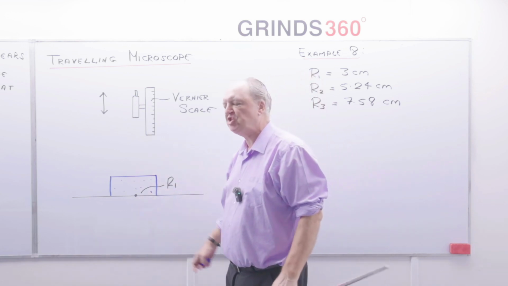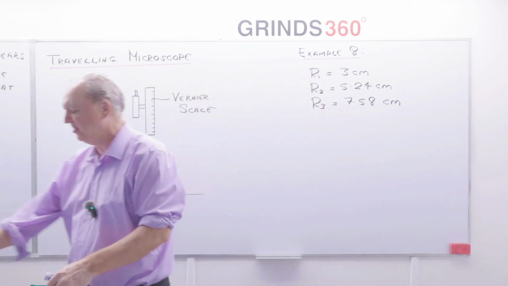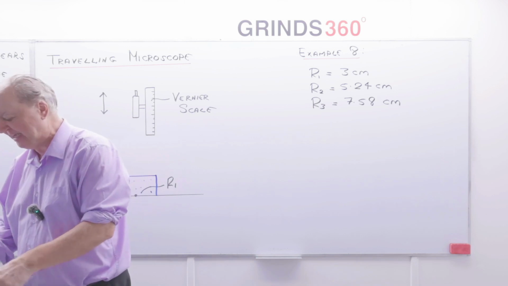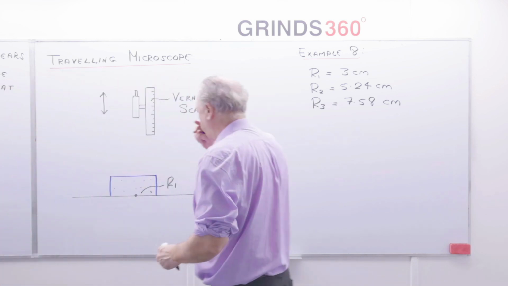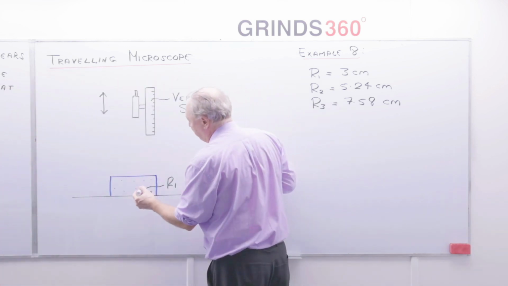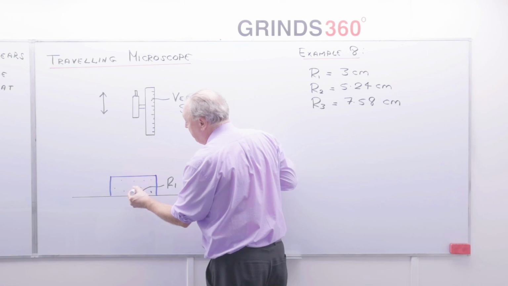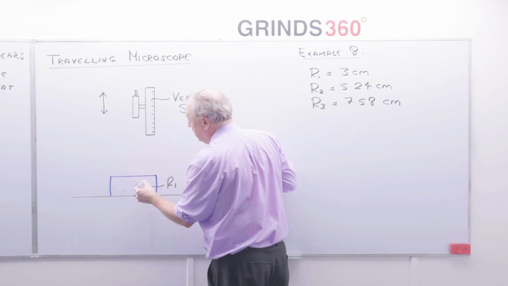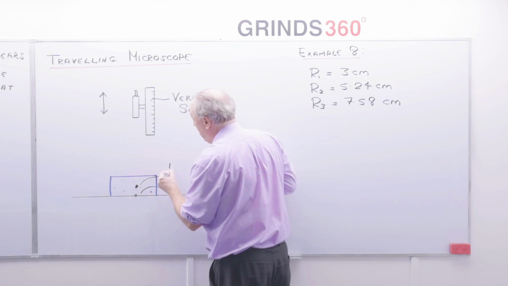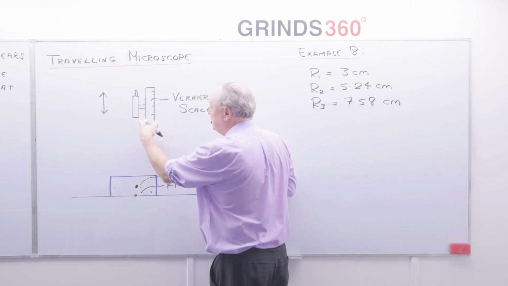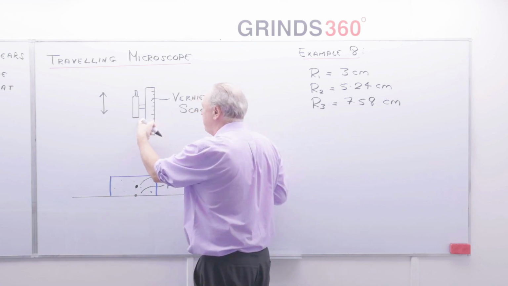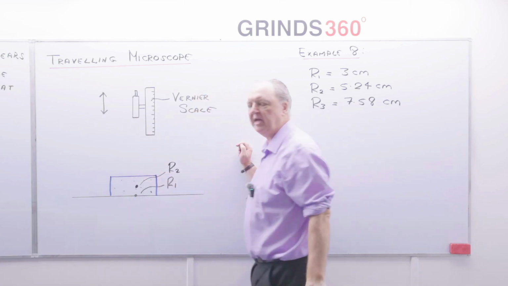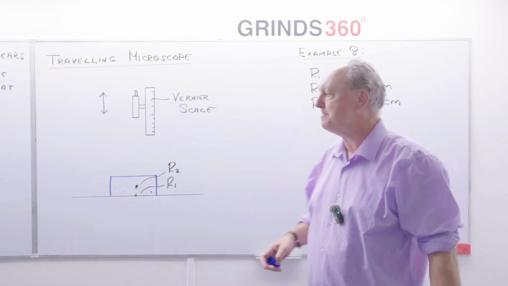That's going to appear shallower than it actually is due to the refraction of light as explained in the last diagram. So when I focus on it again, the mark may appear to be here. I'll call that reading R2. So I've got to adjust my traveling microscope, and the new reading on the vernier scale will be R2.